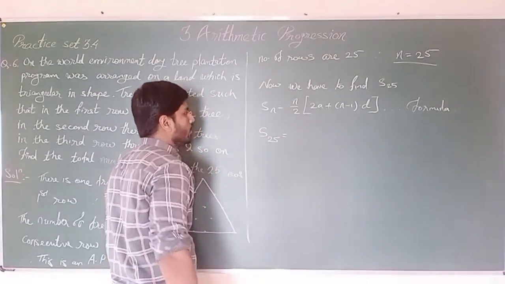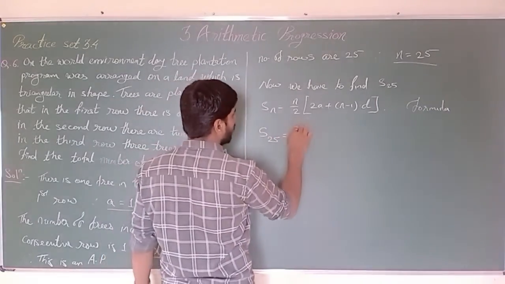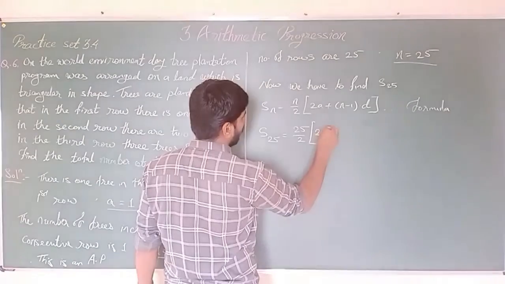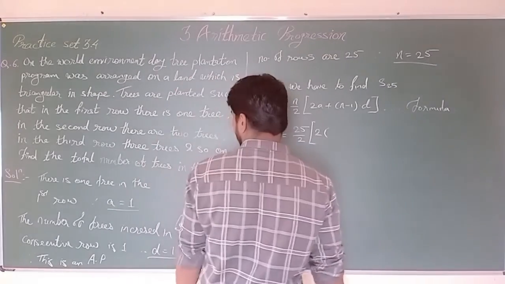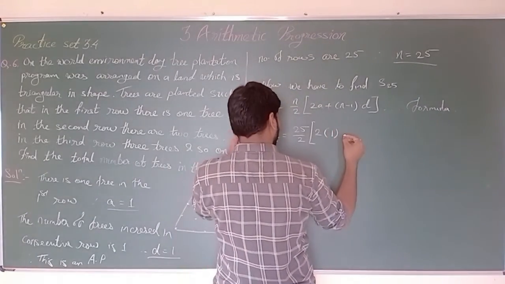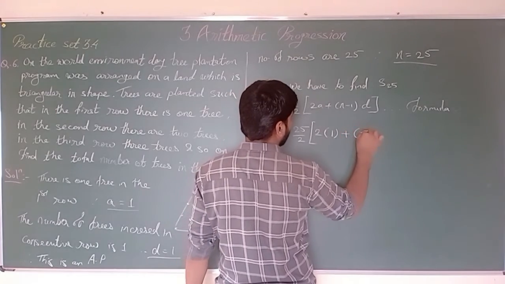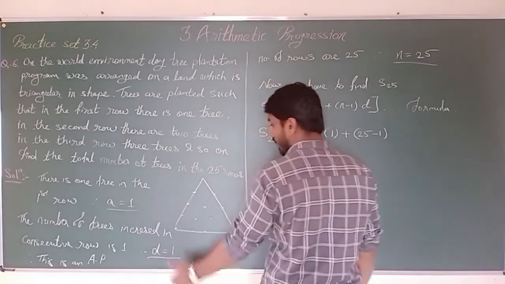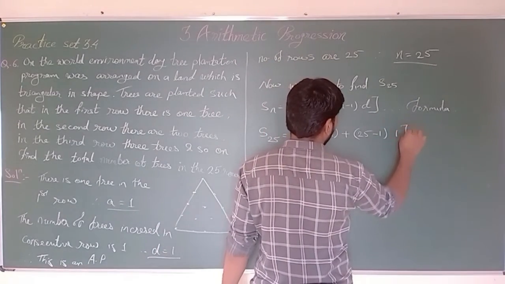So S25 is n upon 2, that is 25 upon 2, into 2a, there is only one tree in the first row, therefore the value of a is 1, plus n minus 1, that is 25 minus 1, times d, the common difference is 1.